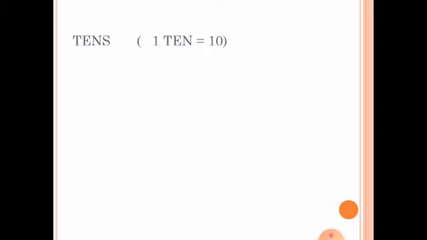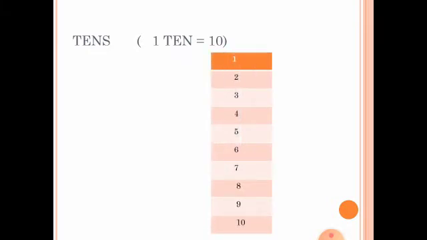Then comes the 10. In the column of 10 there are 10 blocks. This single row of 10 blocks shows that there are 10 blocks in each row, and this is called tens. 10 is a double digit number.